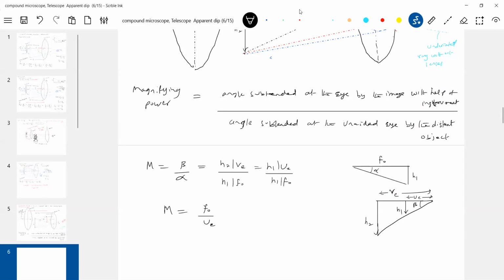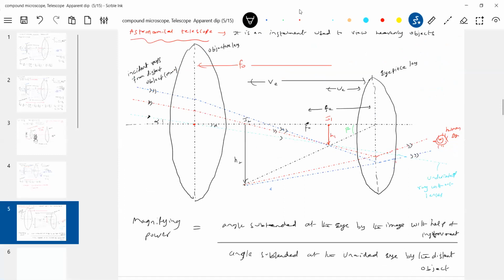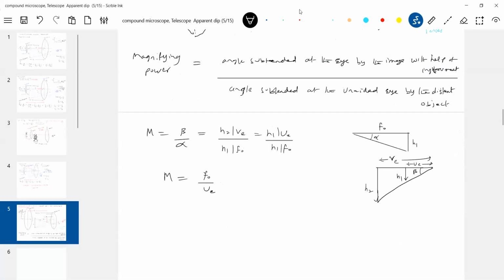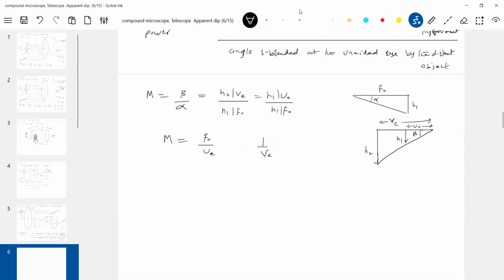And what is UE? It is the distance of the image, in terms of this I'm bringing. So how to eliminate UE? UE is unknown. So shall we use again the lens formula? So this is VE, no? So by using from the optics, 1 by VE.